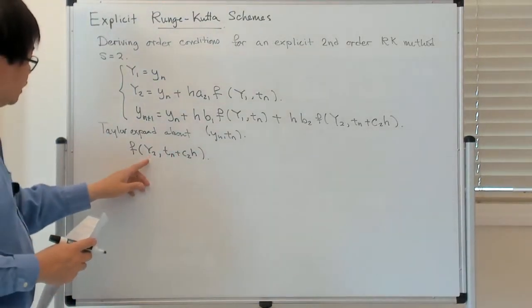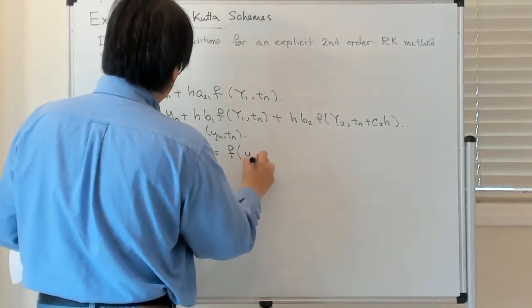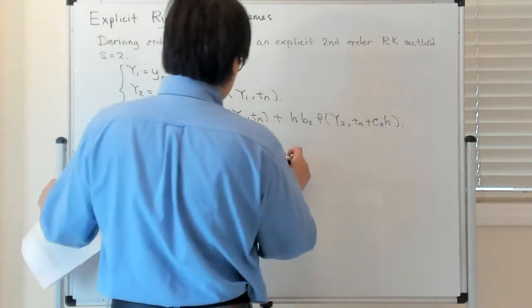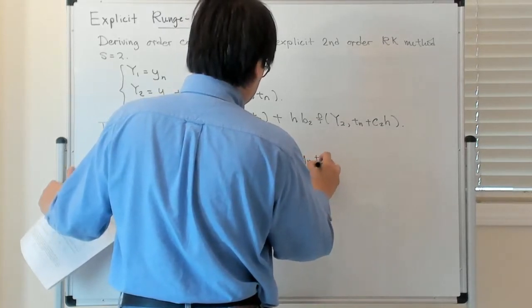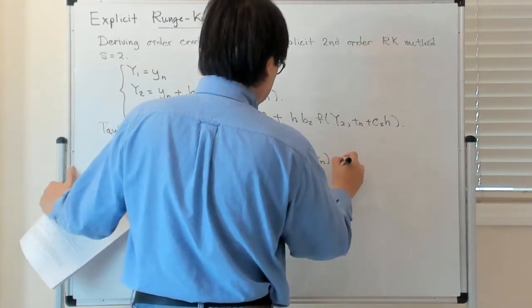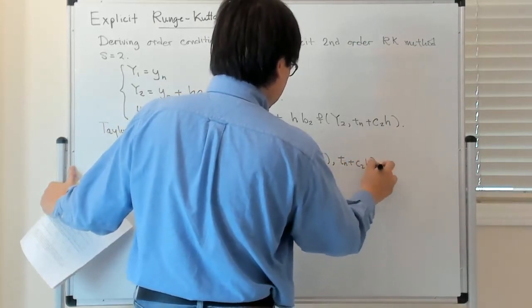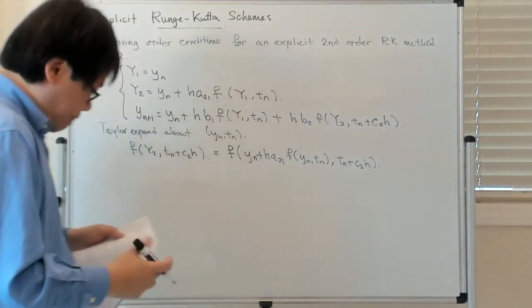I'm going to substitute the expression for y2. So this is f evaluated at yn plus h a21 f at yn, tn, comma tn plus c2h, and I'm going to expand this about the point yn, tn.